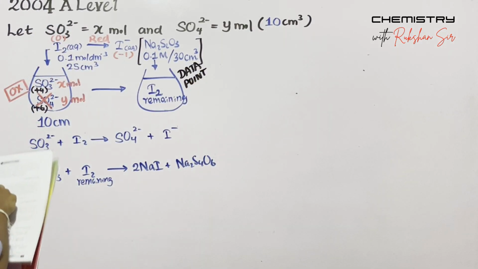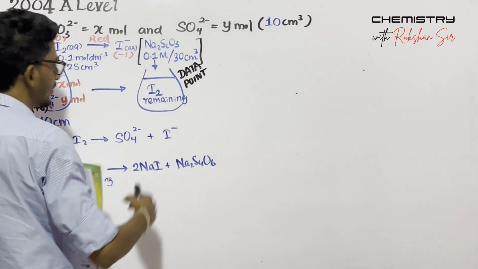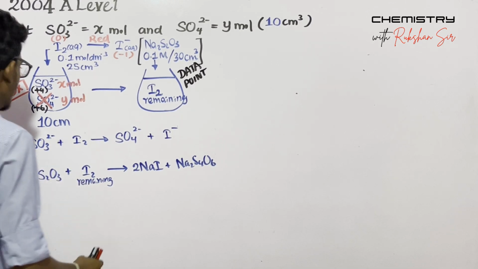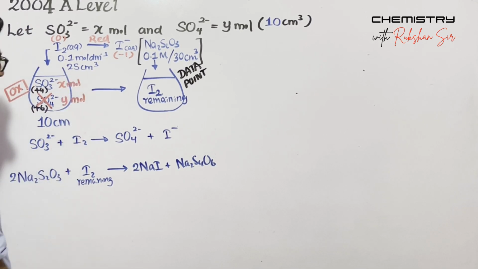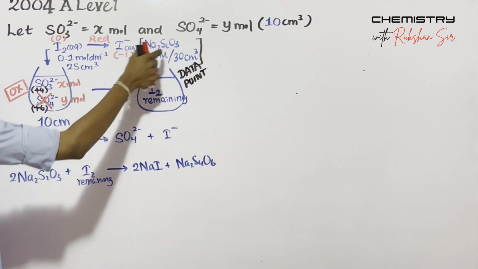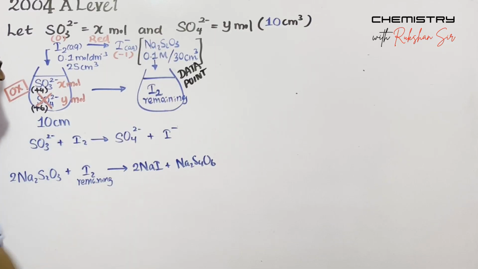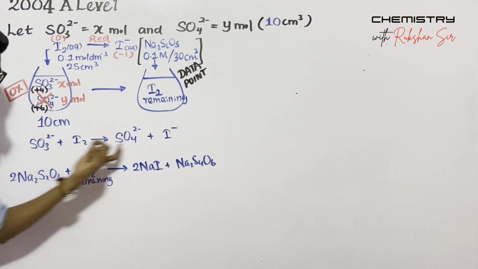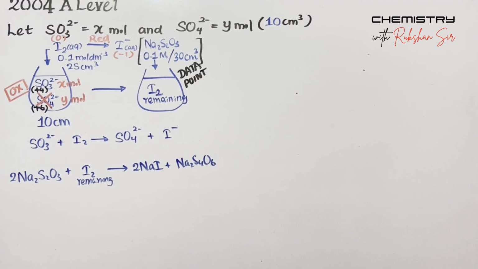To find the number of moles of sodium thiosulfate, we need to come up with a simultaneous equation. First of all, we need to convert these x and y towards the amount of moles of sodium thiosulfate. Before that, we need to come up with the balanced ionic reaction. So let's balance it.